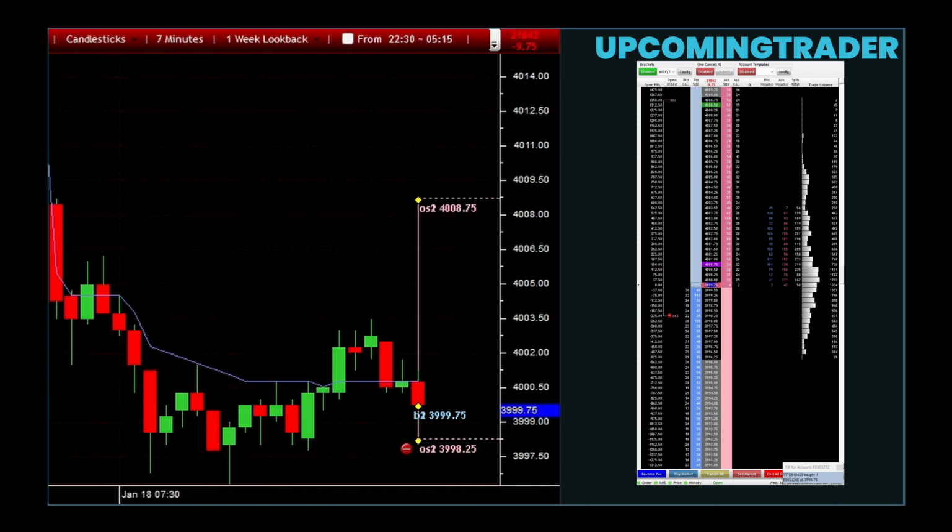Another important pattern to consider is the head and shoulders pattern. If, for instance, you are analyzing a potential reversal and see a head and shoulders pattern forming, it suggests a trend change. This becomes even more compelling if you see the sell orders building up in the order book around the neckline of the pattern, which is the critical support level.